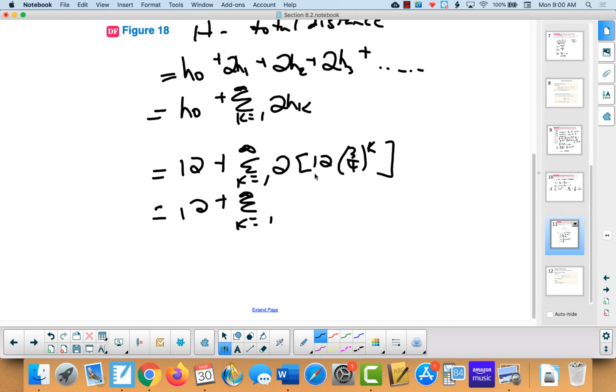We can also multiply this 2 times 12 to get 24, and then we can do 3/4 times 3/4 to the k minus 1 power.